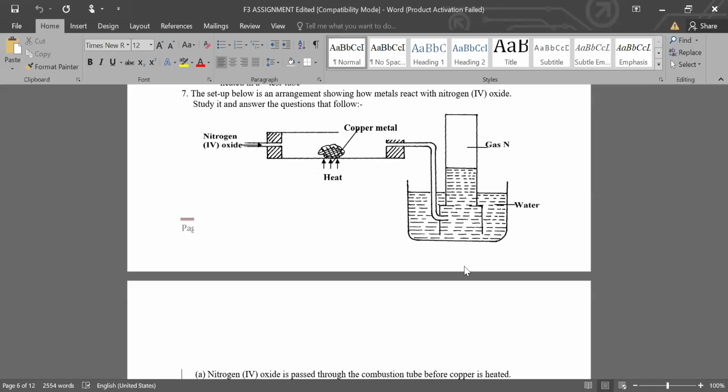Looking at the question, we can move it so that we can read the questions that are below there.